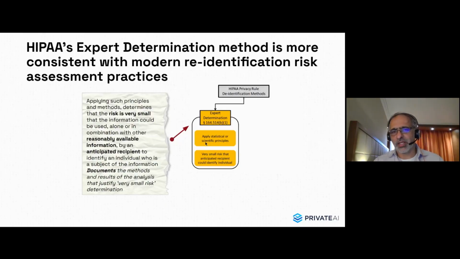So expert determination is essentially a statistical analysis that's performed by an expert. And in the context of unstructured data, what you would typically do is get an example set of documents. I'll use documents as a way to demonstrate this. Let's say you get 200 or 300 documents representative of the types of documents that you want to de-identify.